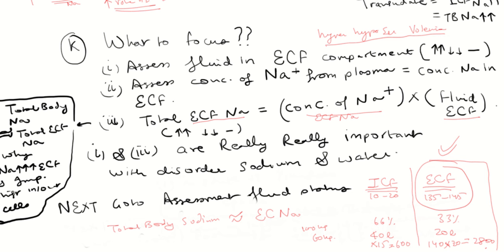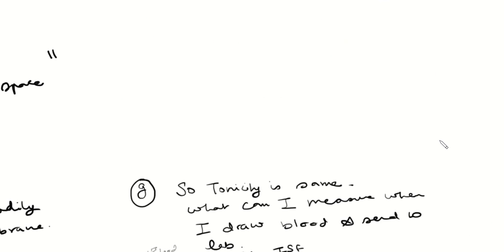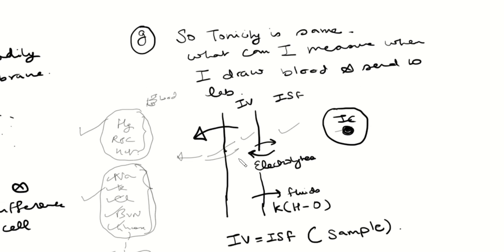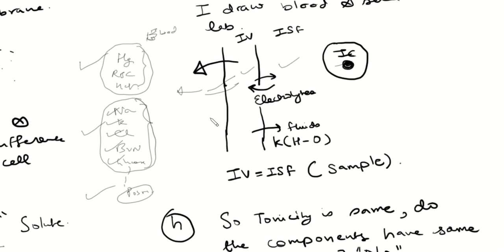And we'll talk about it when we talk about pathologies. Okay? So just a quick recap. What did we cover? We talked about the tonicity and how it's the same between spaces, and how when we measure blood in the labs, which is drawn from the blood vessels, we have some things which are just blood specific.